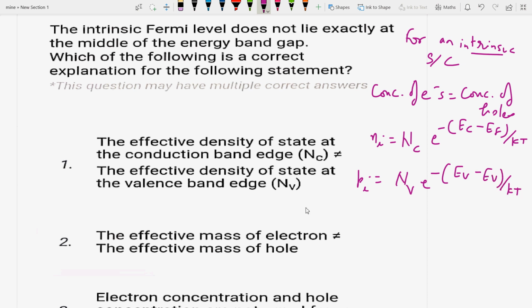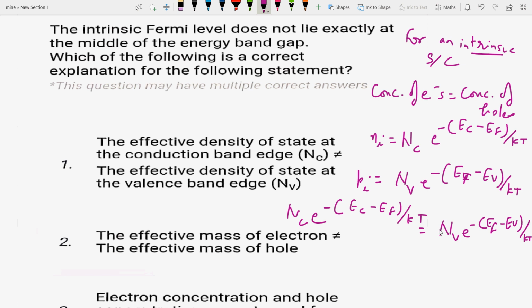Okay, so after equating both, Nc e to the power minus (Ec minus Ef) upon KT is equal to Nv e to the power minus (Ef minus Ev) by KT.